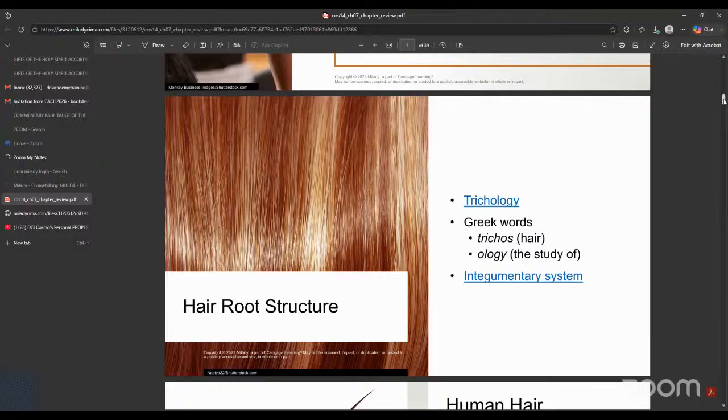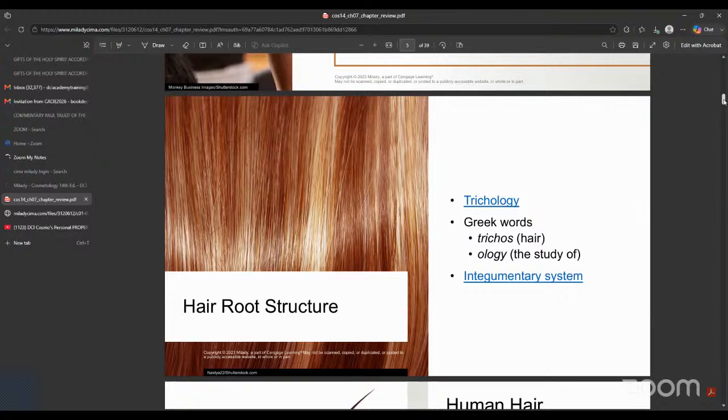They can work hand in hand with a dermatologist, but I would not tell individuals to just see a dermatologist only, because they're probably just going to do some kind of prescribed shampoo or something of that nature, or a cream, where at the end of the day, the trichologist studies everything in relation to hair, okay, and skin and nails, and has a major emphasis on the study of hair.